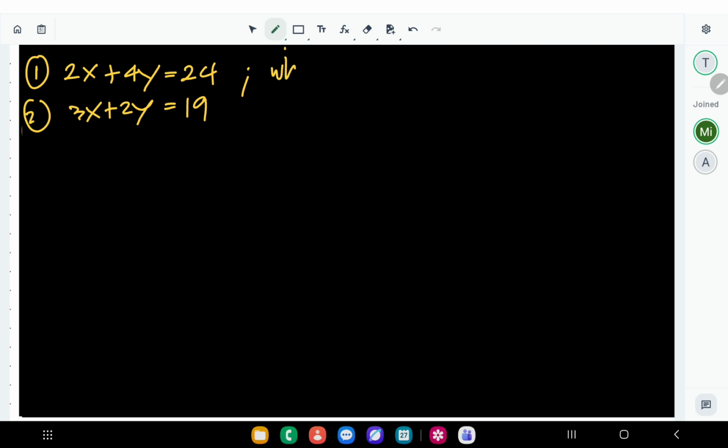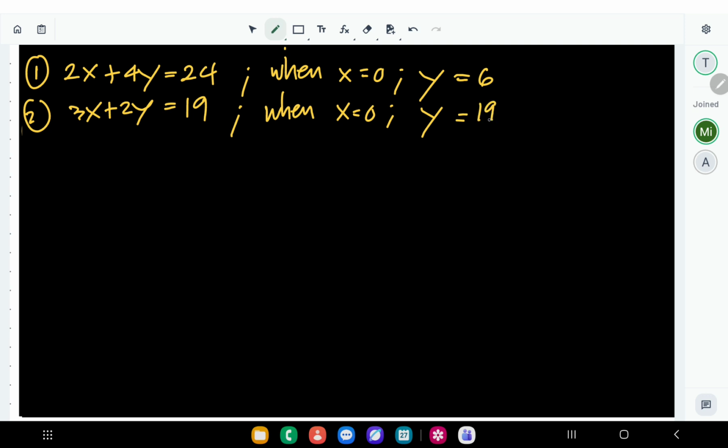So when x equals 0, y is equal to 24 divided by 4 is 6, right? And here, when x equals 0, y is equal to 19 over 2. 19 divided by 2.